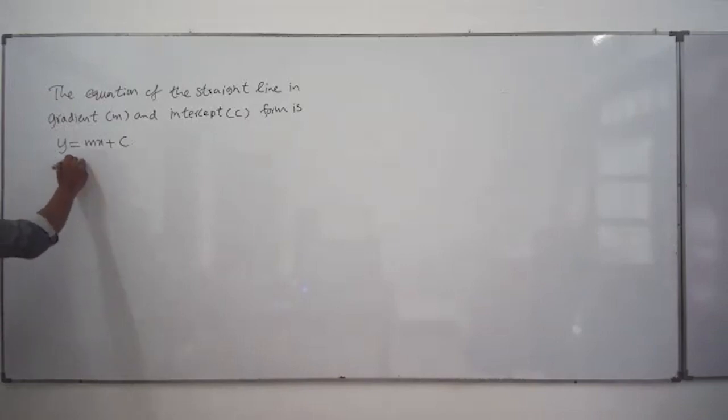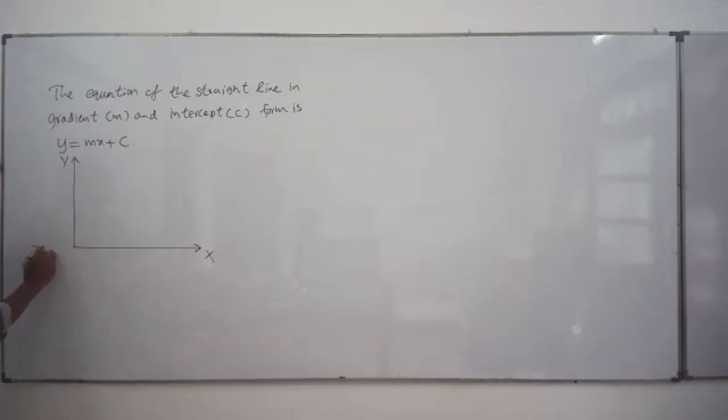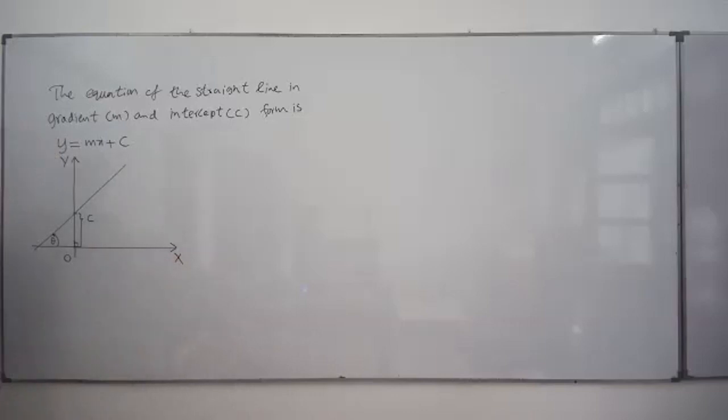Right. We'll draw this diagram also. Let this angle be theta. This height only people we define as C. This is origin, no. Right.